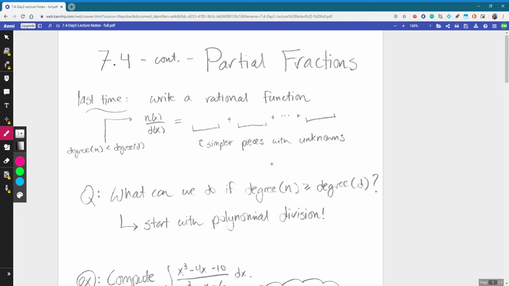Welcome back, everybody. Last time we got introduced to the strategy of partial fractions, and today we're going to play around with that a little bit more.